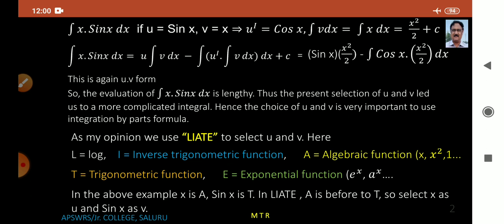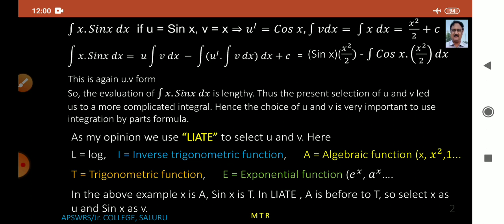The remaining term is v. I think this is very easy for selecting u and v. Here, in LIATE, A is before T, so you put A as u and T as v. A means x as u and sin x as v.